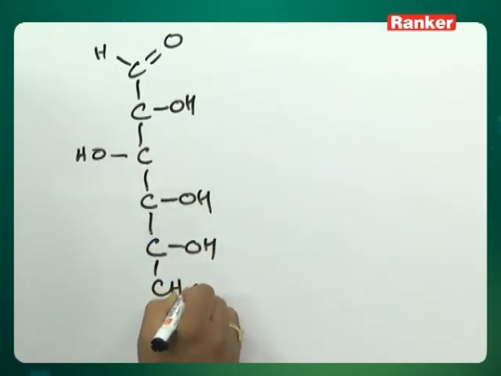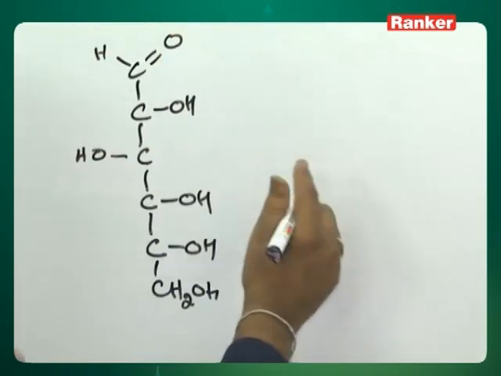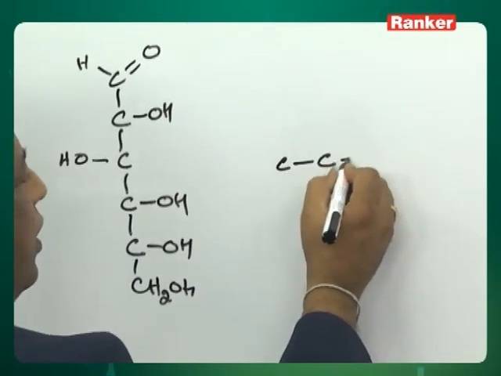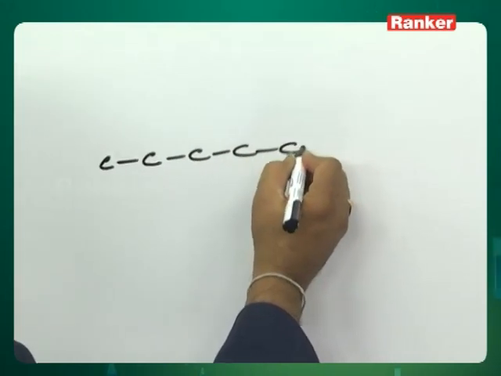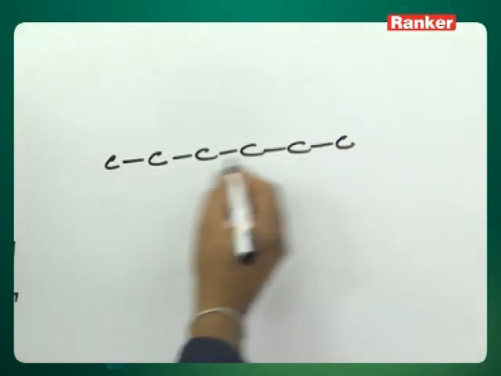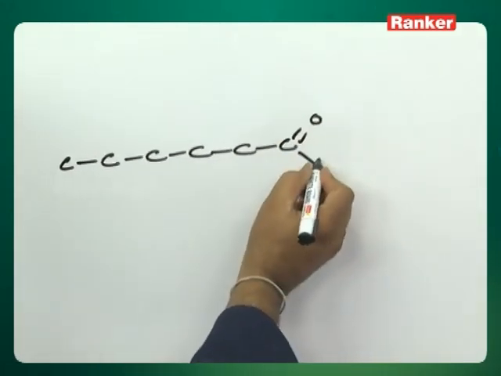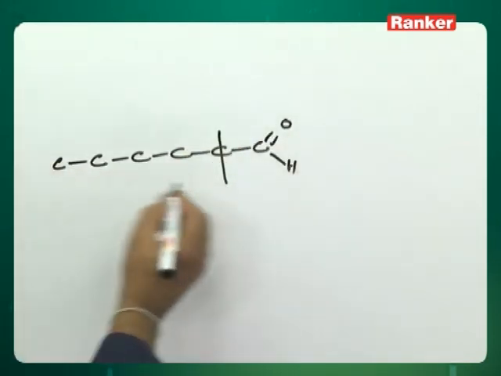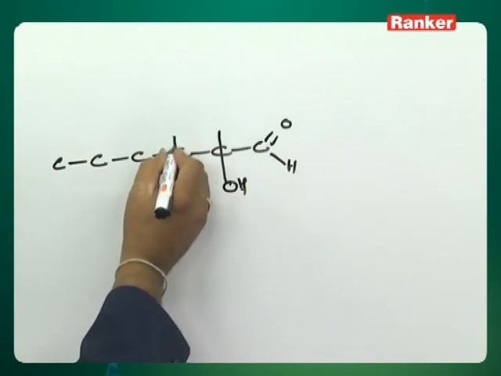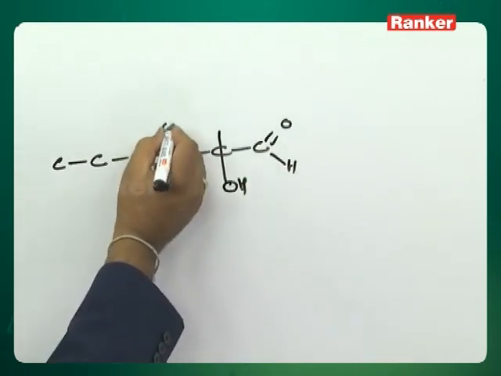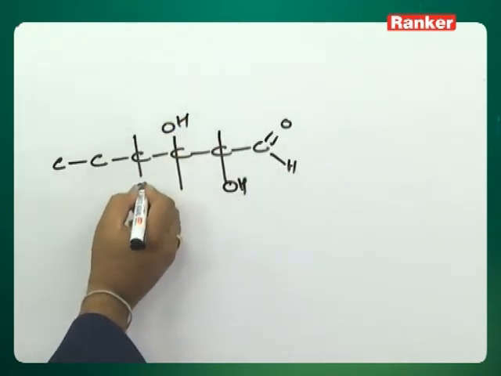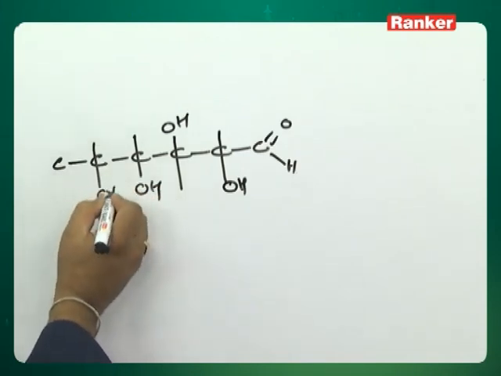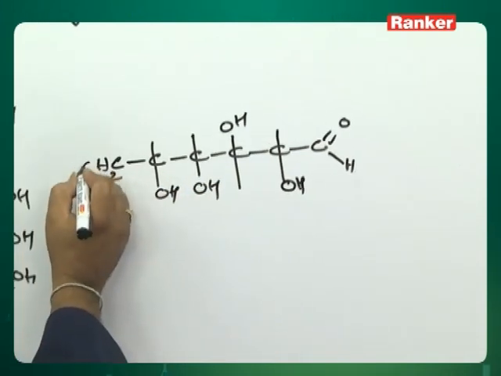When you write this molecule horizontally, let us keep the positions of the OHs. The aldehyde group you can write on either side, but the first OH is down, second OH, third OH is up, fourth OH down, fifth OH down, and the sixth one is CH2OH.